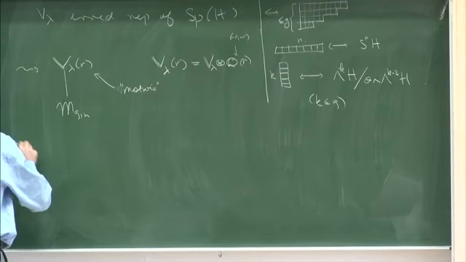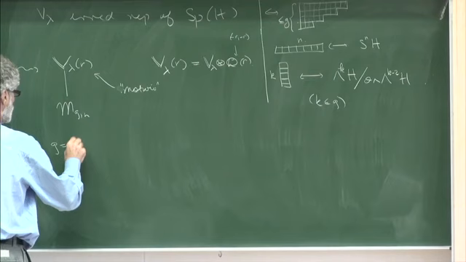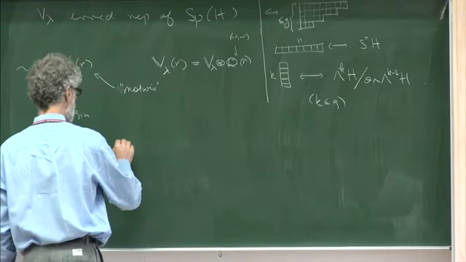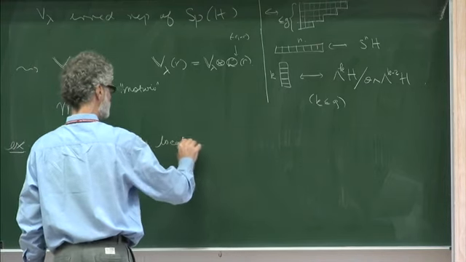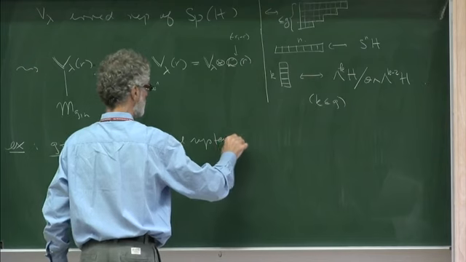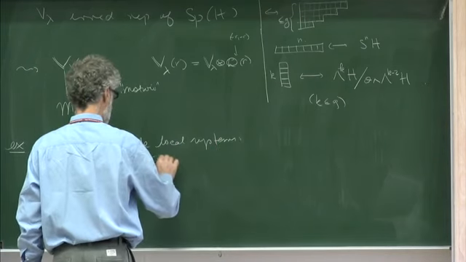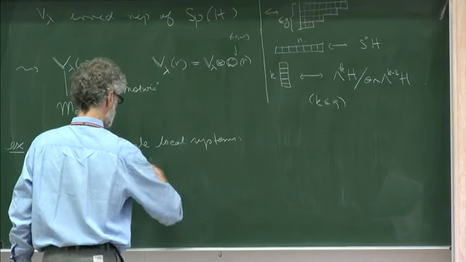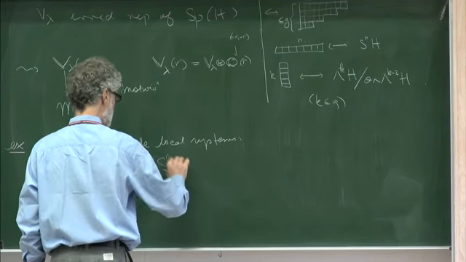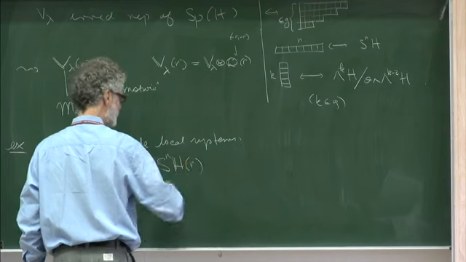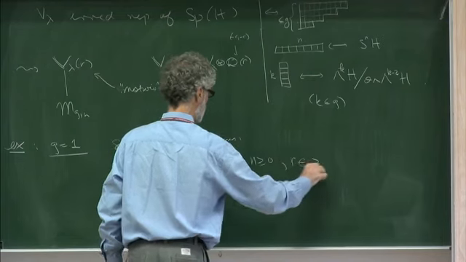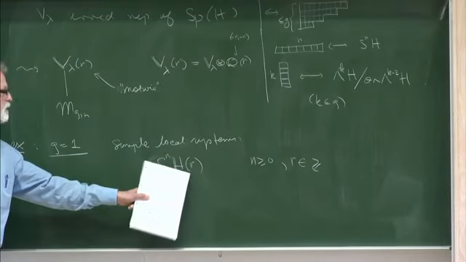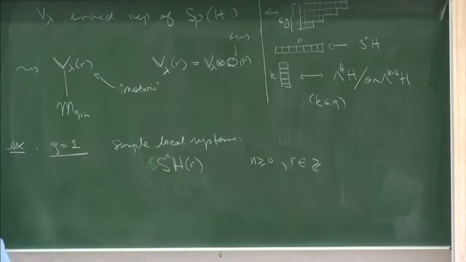For example, if you take genus 1, the simple local systems are going to be S^n H ⊗ Q(r), where n is greater than or equal to 0 and r is in Z. And that includes all just the Q(r)s.